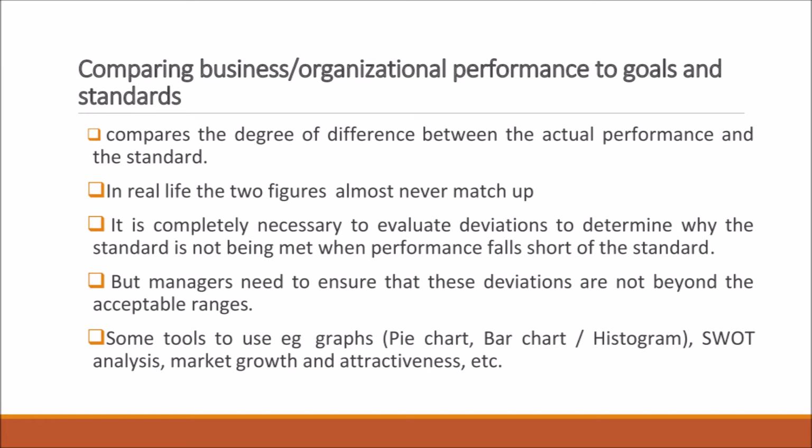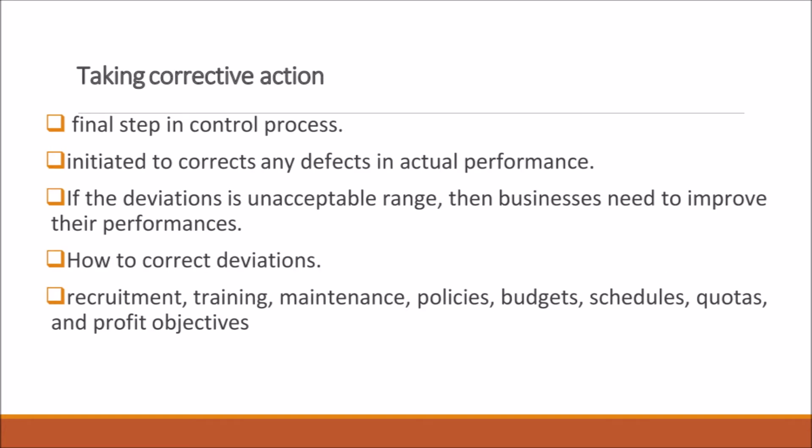Okay, what this stage intends to do is to ensure that you initiate corrections to take off any defects or deviation in actual performance. 10, we are growing at 8, there's a 2% deviation. So at this stage, you should determine what needs to be done. Okay, now, if the deviation is in an unacceptable range, then the business needs to improve its performance.